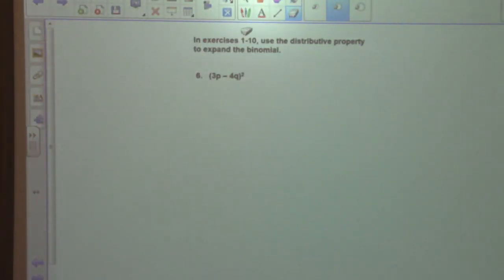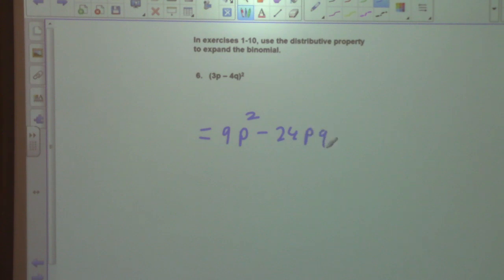Okay, Robert. What'd you get? 9P squared minus 24PQ plus 16Q squared.